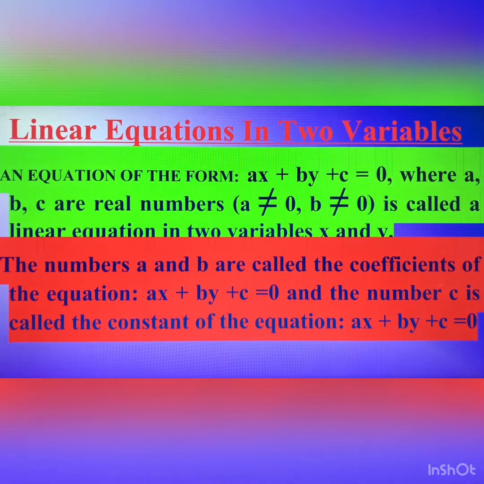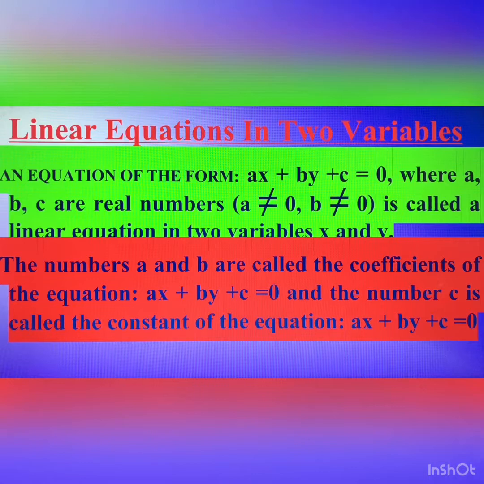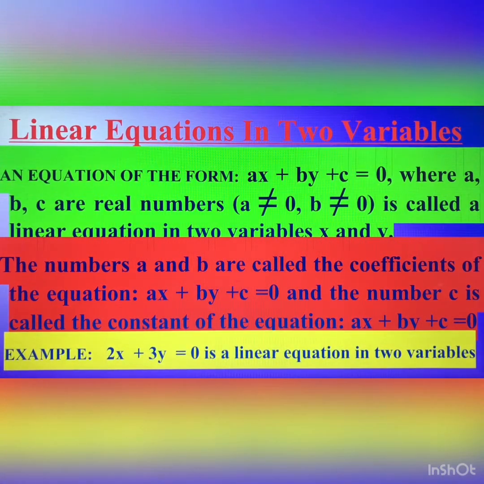The numbers a and b are called the coefficients of the equation ax plus by plus c equal to 0, and the number c is called the constant of the equation. For example, 2x plus 3y equal to 0 is a linear equation in two variables.